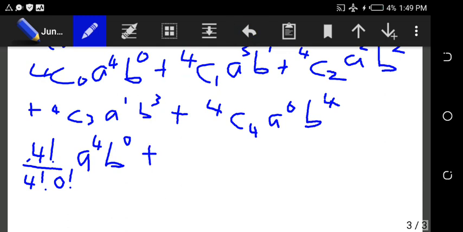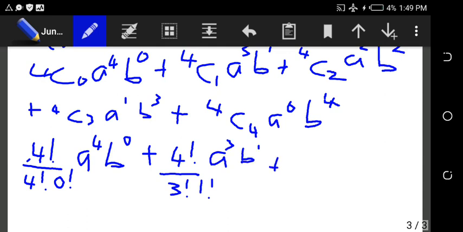Over to the next one. So for combination 1, what would that give us? Using our formula for combinations, 4 factorial over 4 minus 1 factorial, that will give us 3 factorial. Of course 1 factorial as well, because our r is 1. Then we have our a raised to power 3 and our b raised to power 1. I hope you're following me.